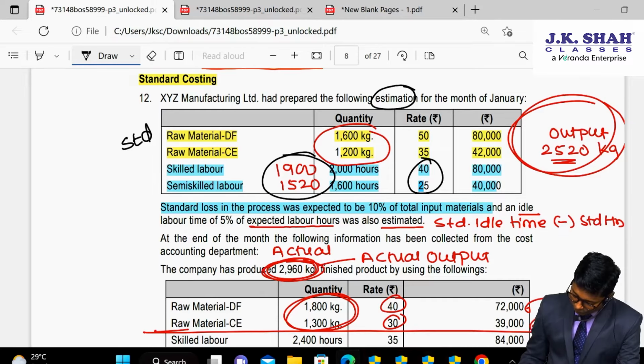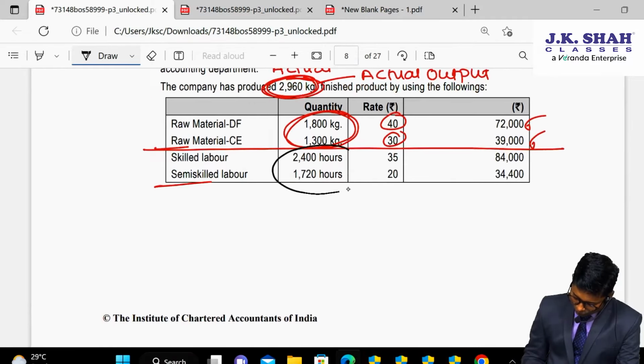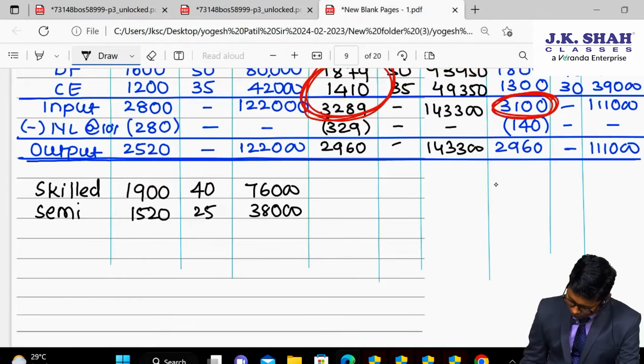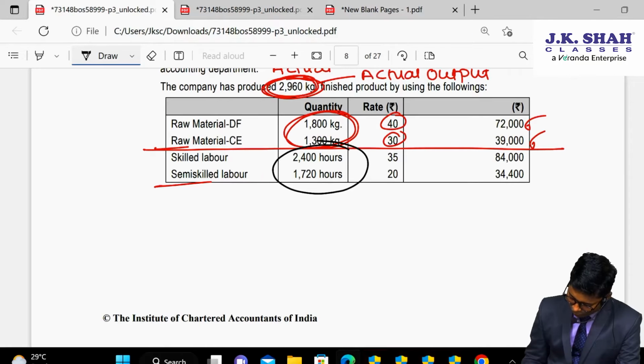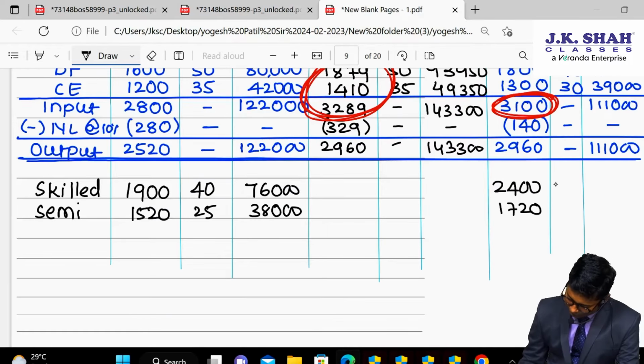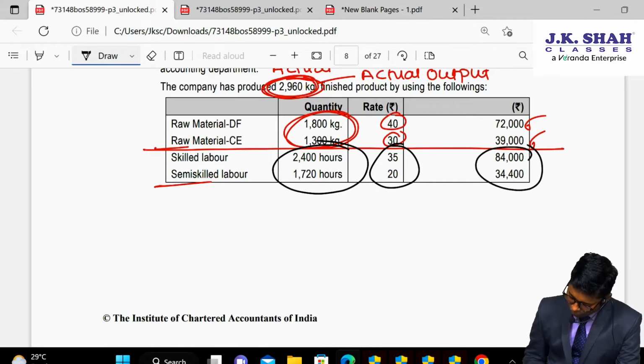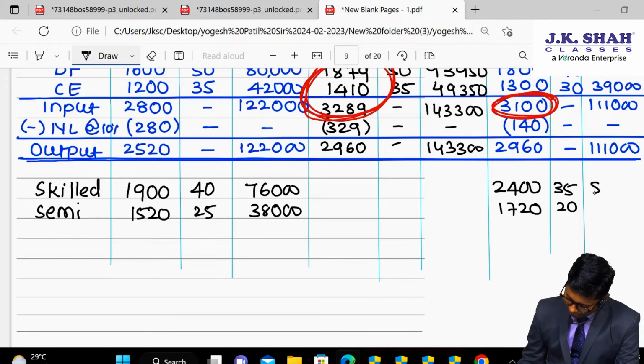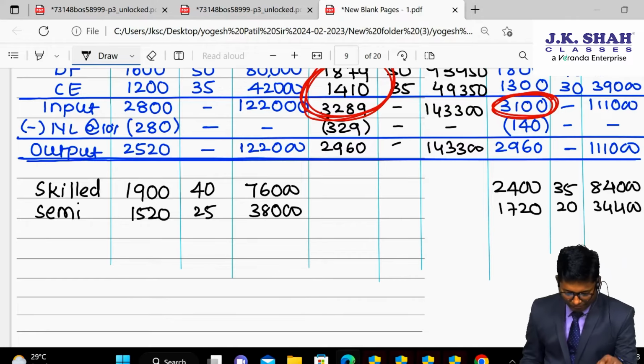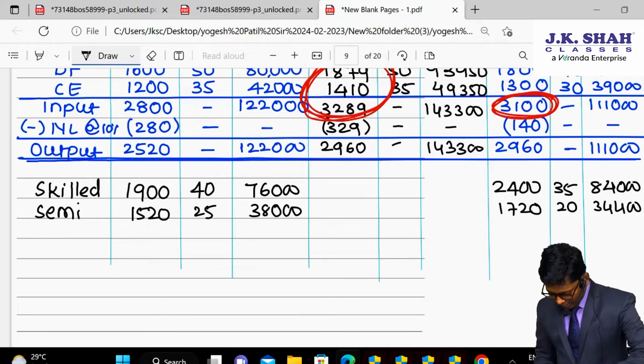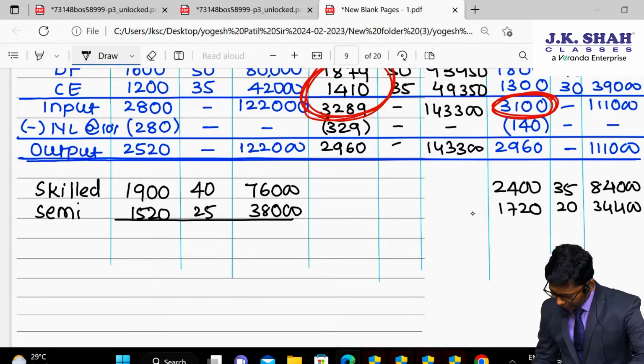After this, go to the actual table, and from actual take the actual figures: 2400, 1720. Actual prices are also given, 35 and 20. And multiplied values are also given, 84,000 and 34,400. Table preparation is very important. Now here total is required.